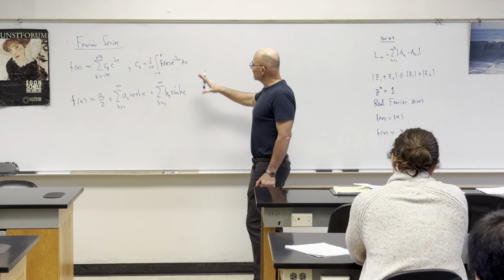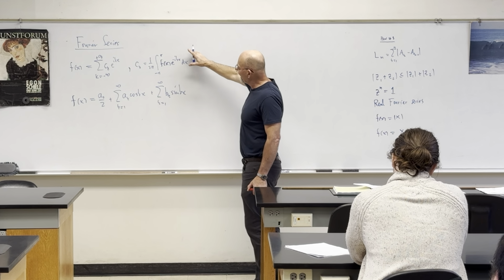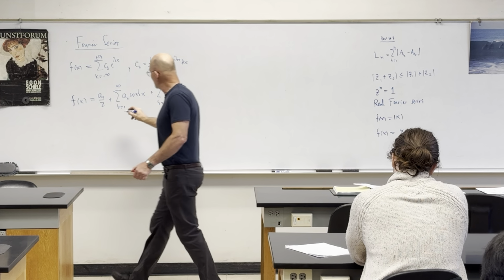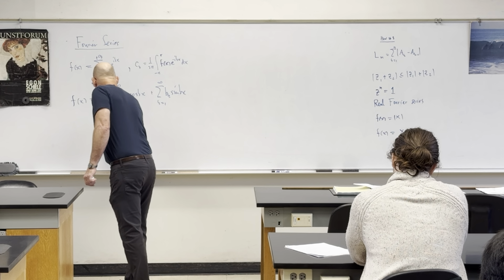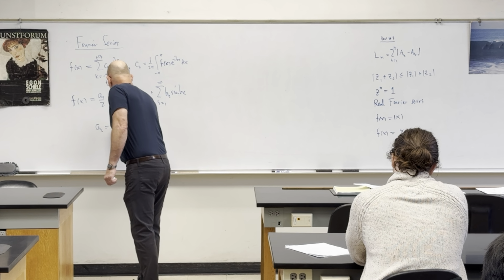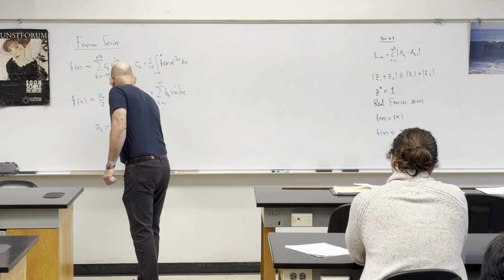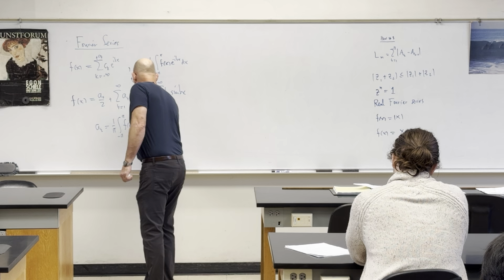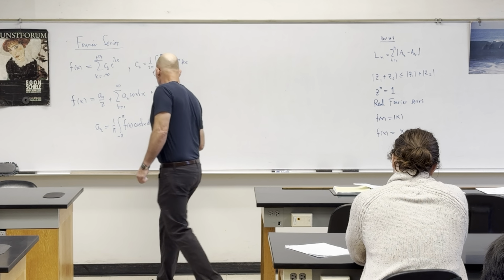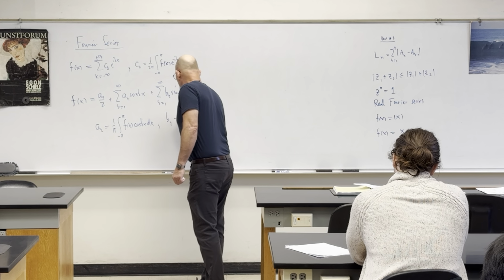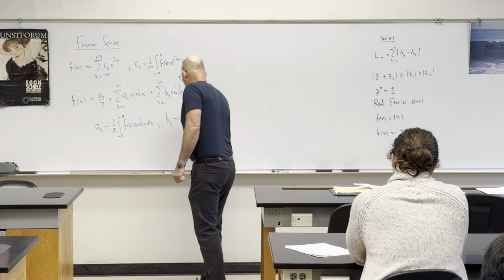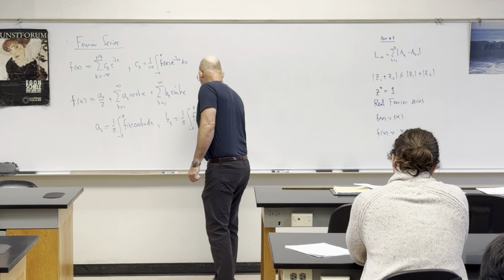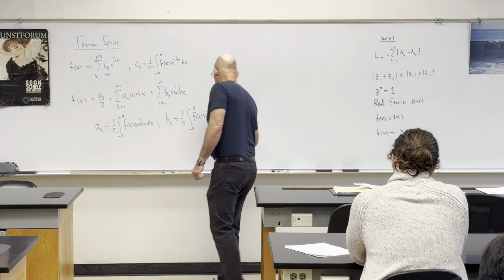We found this last time, I kind of led you through it, so you're just going to have to take those notes and run with them. What we found was that a sub k is now 1 over pi times the integral of f of x cos kx dx, and b sub k is 1 over pi times the integral of f of x sine kx dx.